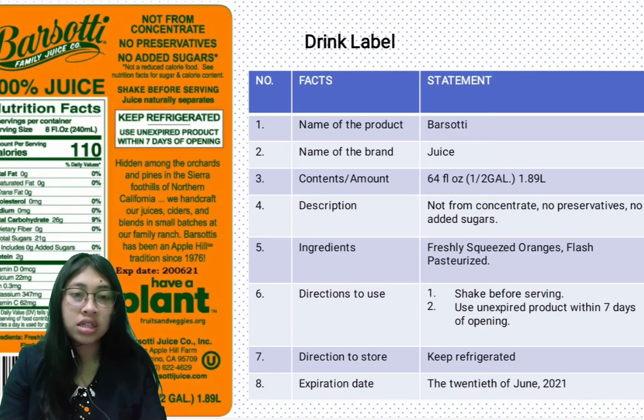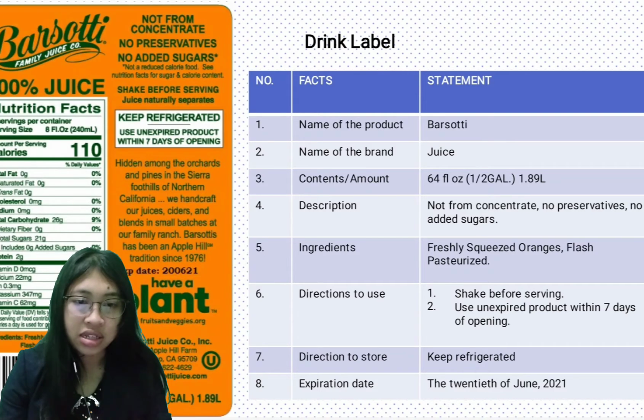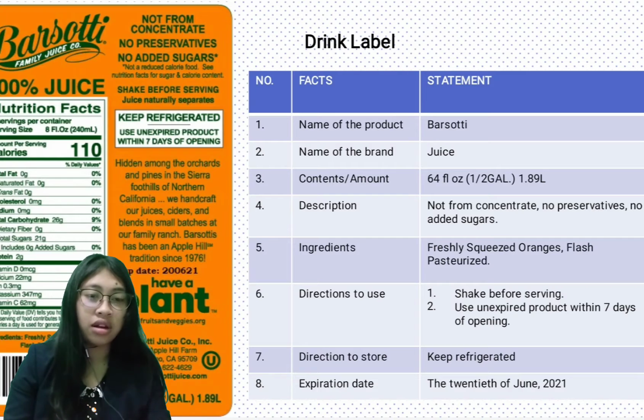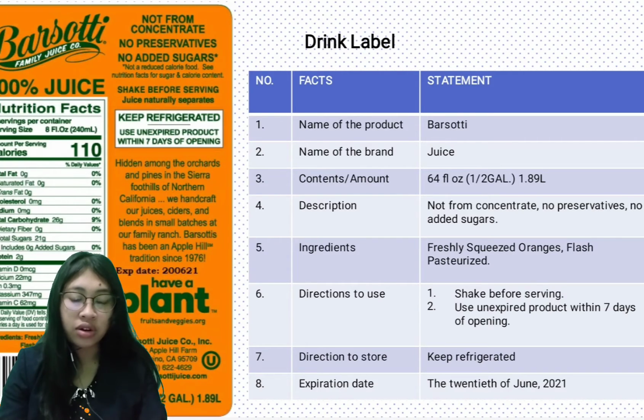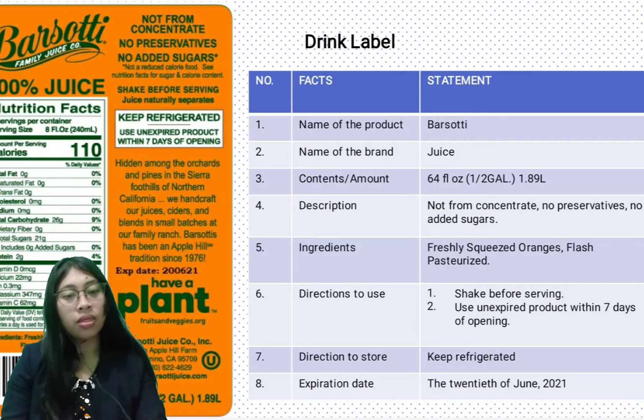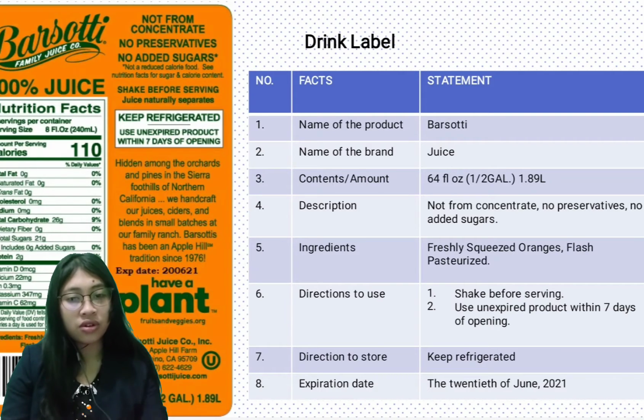The ingredients of the juice are freshly squeezed orange, flash pasteurized, and the direction on how to use is already included in the drink label. The direction to store is keep refrigerated. So you must keep it in the refrigerator.